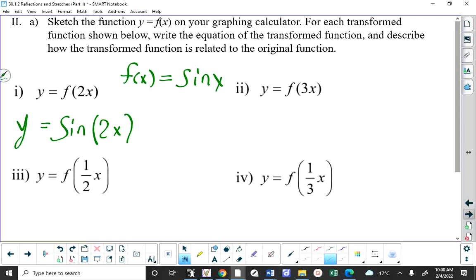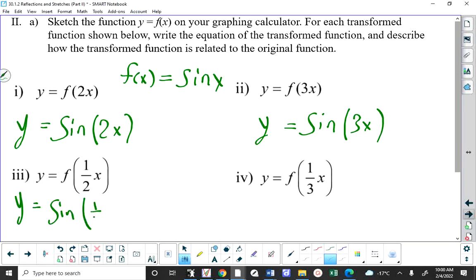We're multiplying the x that we're using in the function by 2 or by 3 or 1/2 or 1/3 or whatever number we want. I hope it's clear. I'm using sine of x, but we could have picked any function and we would be learning the exact same outcomes.